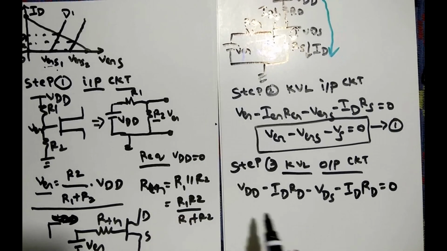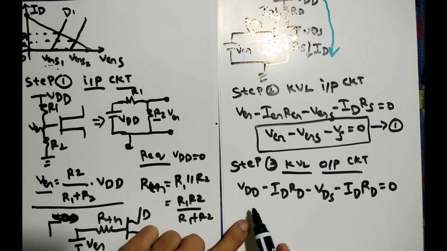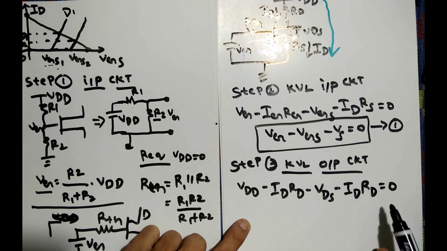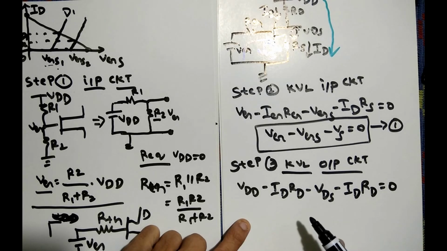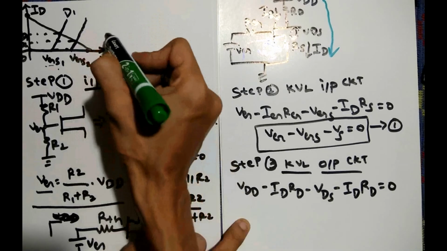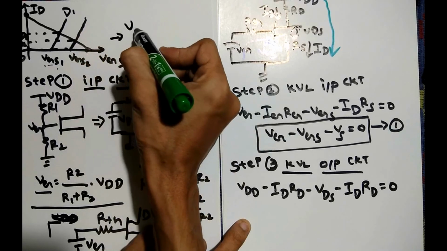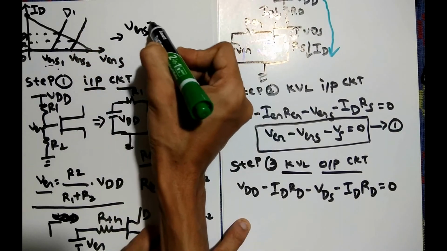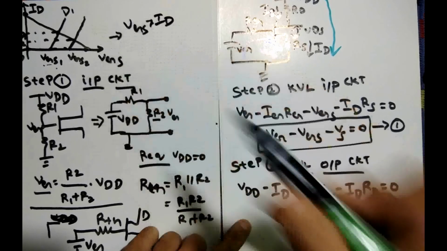From this KVL formula, we can take out the term ID. Our aim from this configuration is to find the Q point, that is, what VGS is and what ID is.